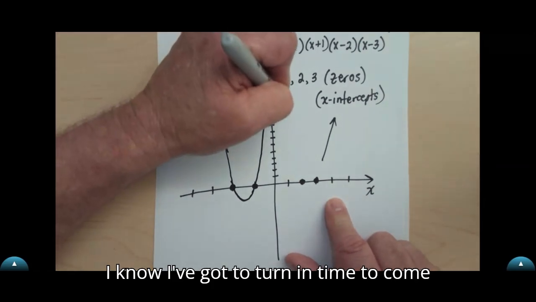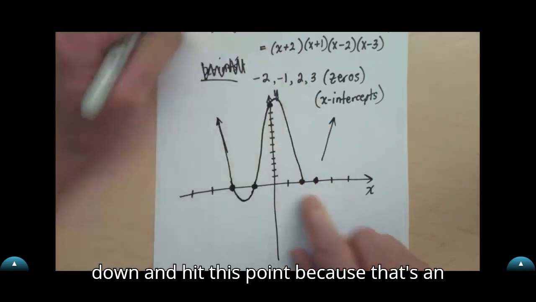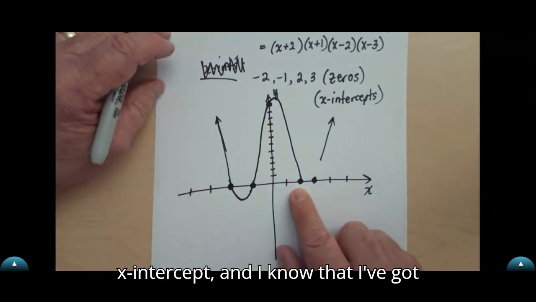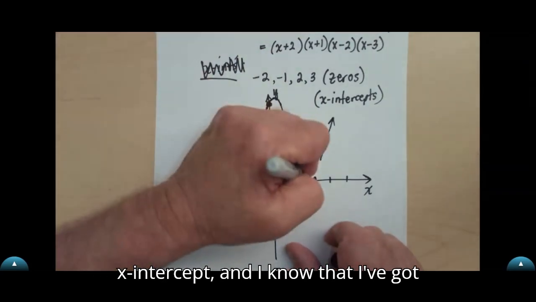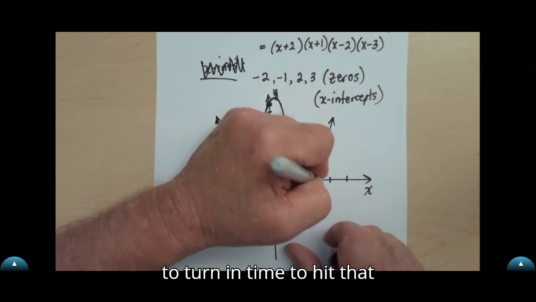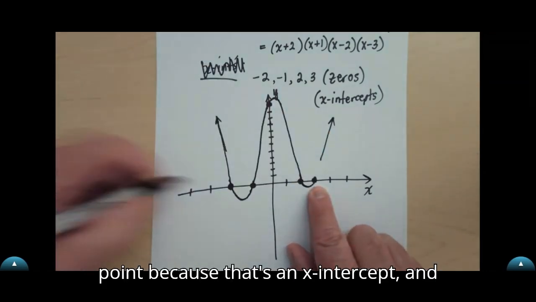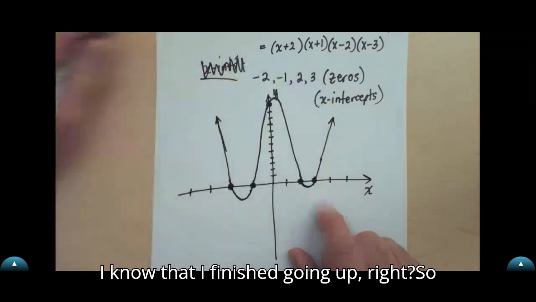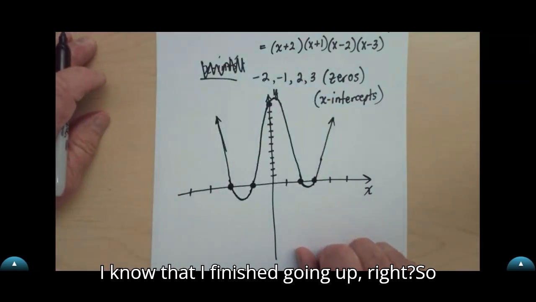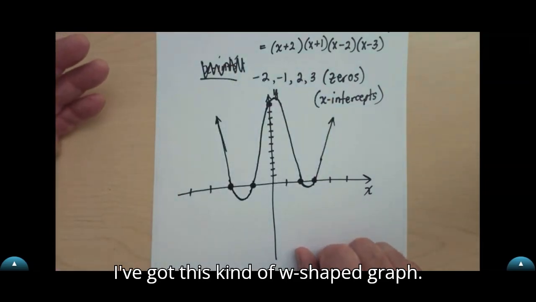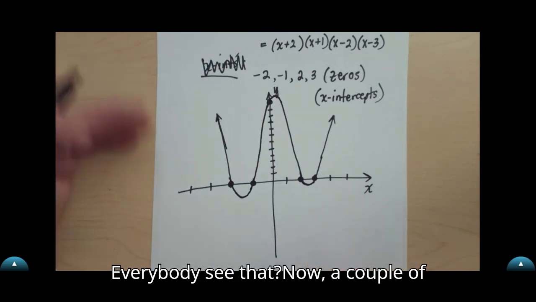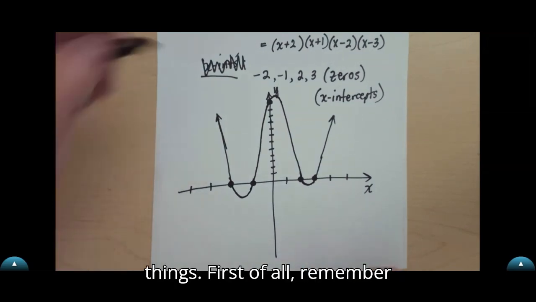And I know I've got to turn in time to come down and hit this point because that's an x-intercept. And I know that I've got to turn in time to hit that point because that's an x-intercept. And I know that I finish going up, right? So I've got this kind of W-shaped graph. Everybody see that?